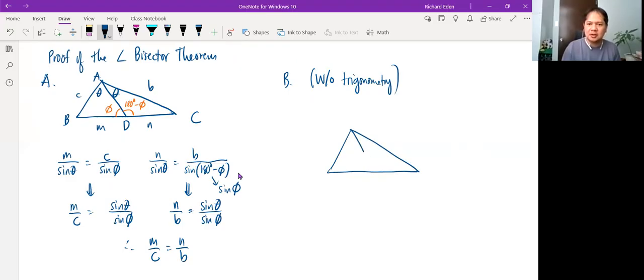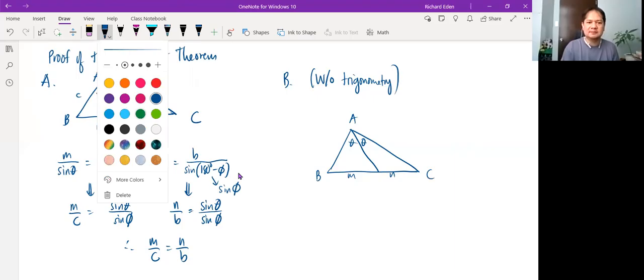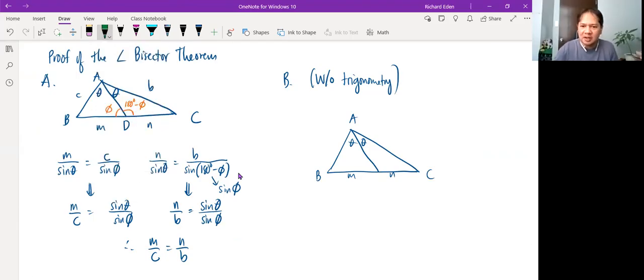So this is the theta, M over N, B, C, and A. I'm going to do the following. Through green, through point B, draw this segment parallel to AN.